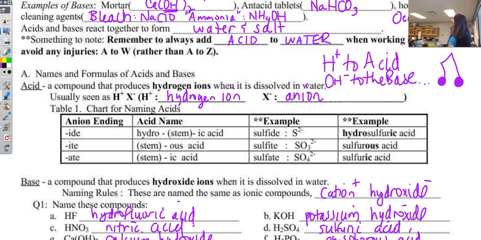Now, there are different definitions of acids and bases, but the basic one that we always use is called the Arrhenius definition. In Arrhenius, if it starts with an H, it's an acid. If it ends with an OH, it's a base. Bronsted-Lowry, does anybody remember what Bronsted-Lowry says about an acid? It's very similar to this.